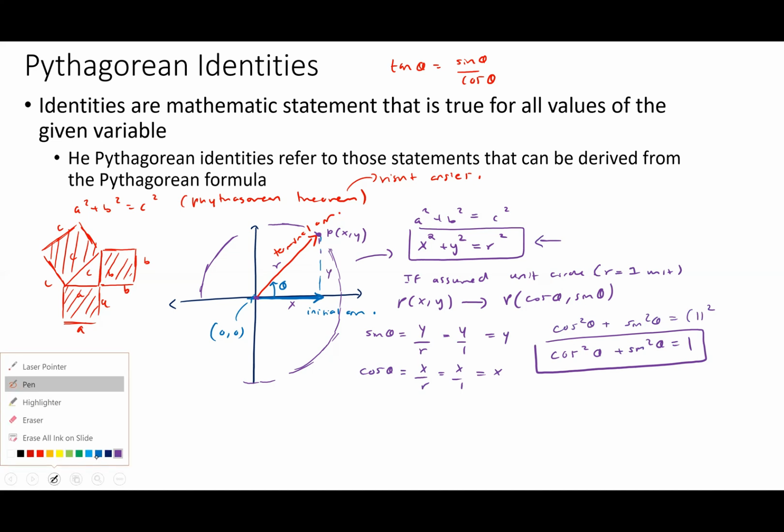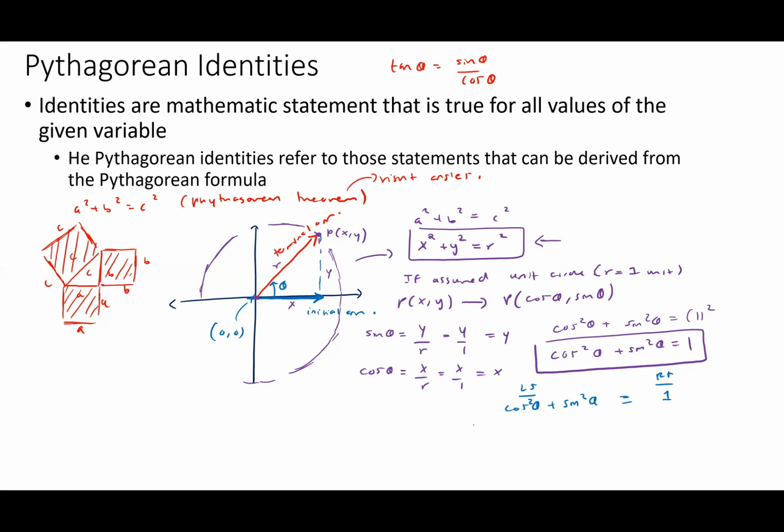One way that we can show that it works, we assume that this is the left side, cos squared theta plus sine squared theta, and this is the right side, which is 1. Right, if I let theta equal, let's do 30 degrees. If I'm just working on the left side, you're plugging in 30 for theta.